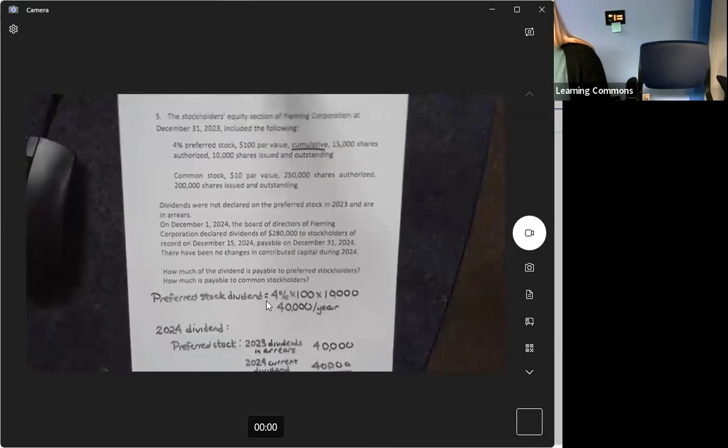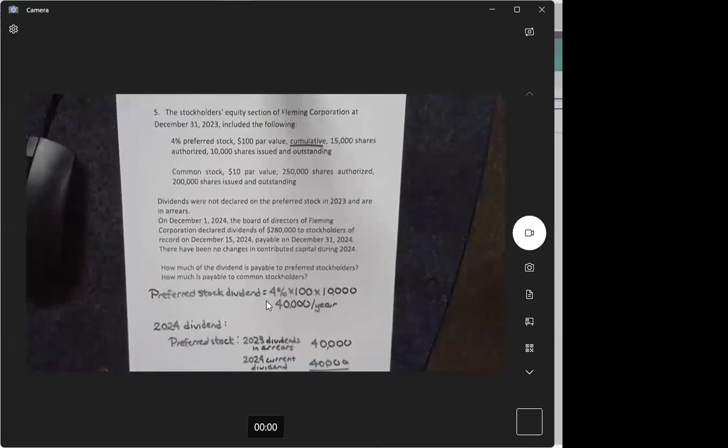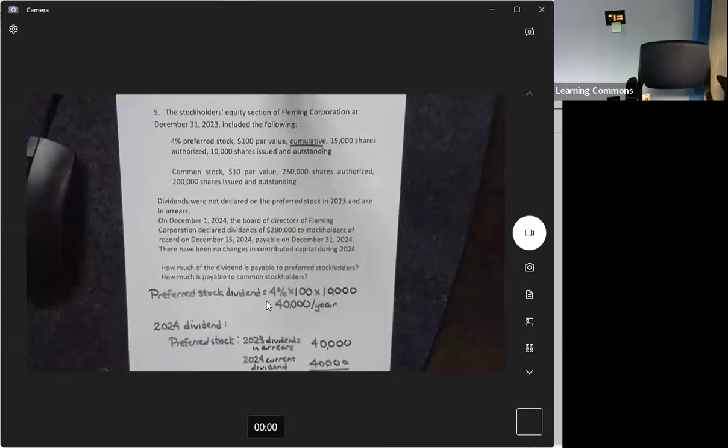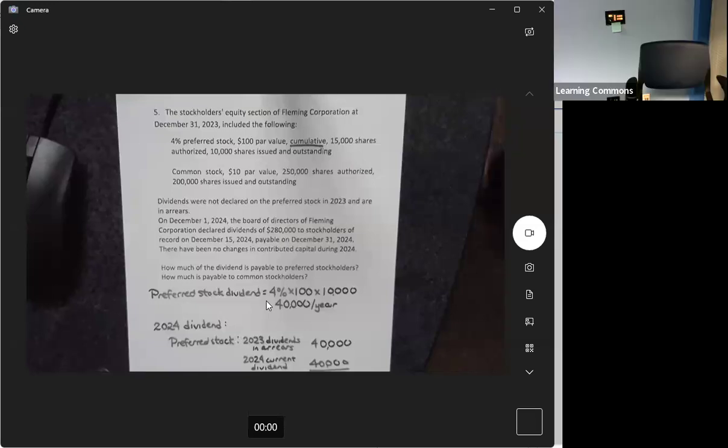But in addition to being able to do those journal entries, one other problem type thing you want to be able to do is know how to handle dividends when a company has both common stock and preferred stock.